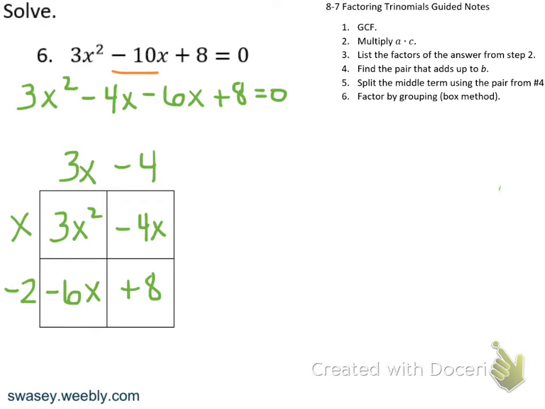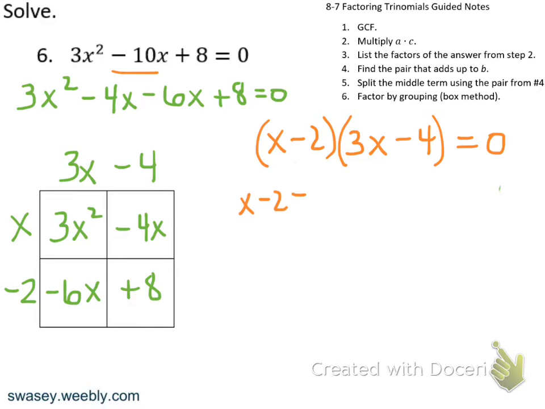Let's put it all together in the equation. So now we have x minus 2, and the other factor, 3x minus 4 equals 0. So that product equals 0, so set each factor equal to 0 and solve. So we have x minus 2 equals 0, or 3x minus 4 equals 0.